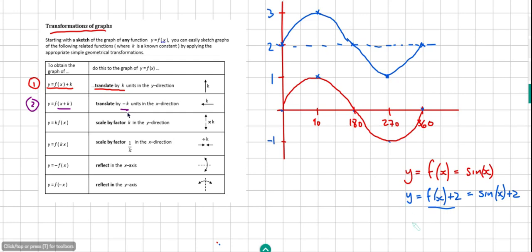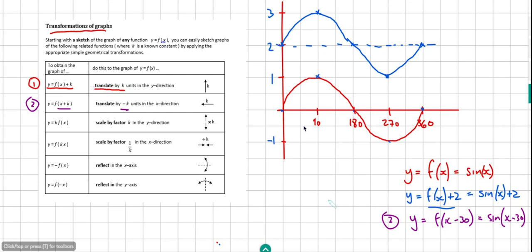An example for number 2 would be y equals f of x minus 30. So in our case, that would be sine of x minus 30. What that's going to do is take every point on our original graph and translate it by 30 in the horizontal axis.